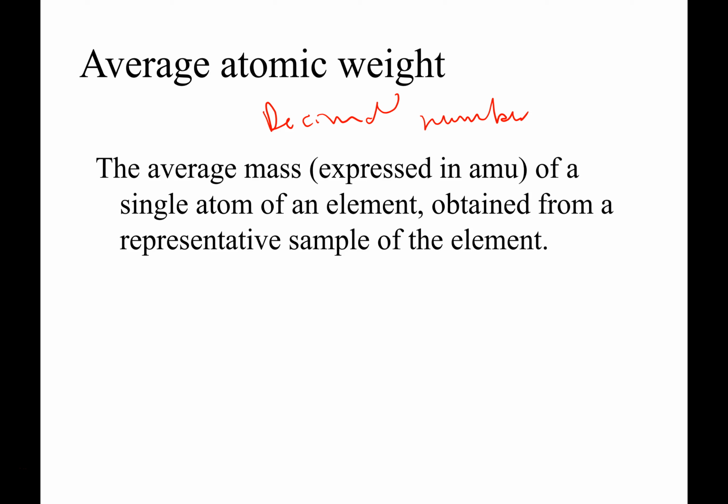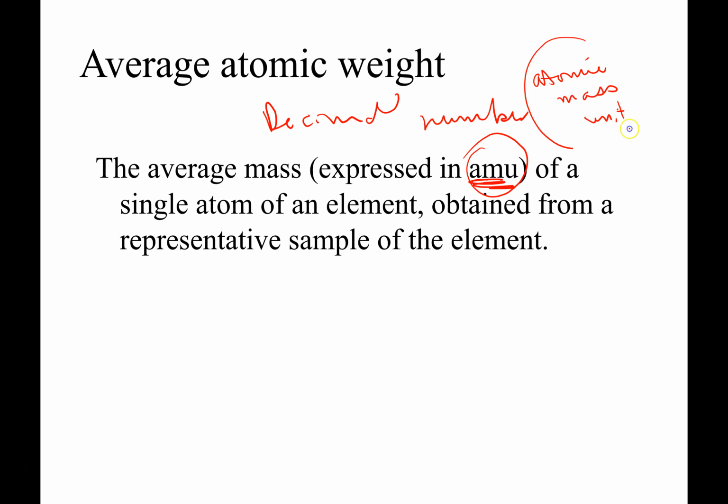But I think I introduced this: we can't weigh atoms in kilograms or grams because atoms are so light. So we introduce a new mass measurement. AMU stands for Atomic Mass Unit.